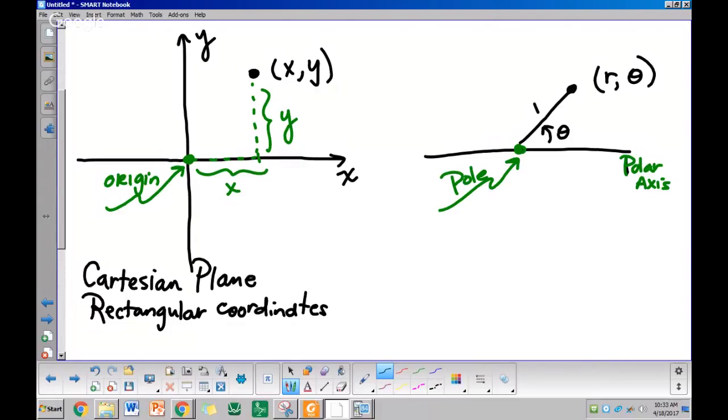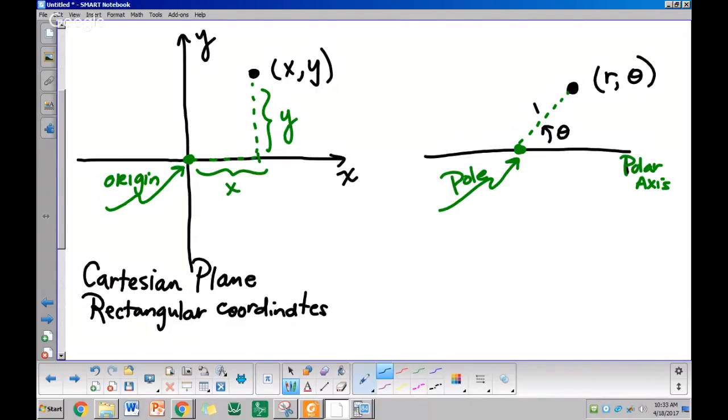We're describing a point in space. This is a point in space, x, y. This is a point in space, r, theta. I'm just giving you directions on how to get there, so I should make this dashed because they're directions.